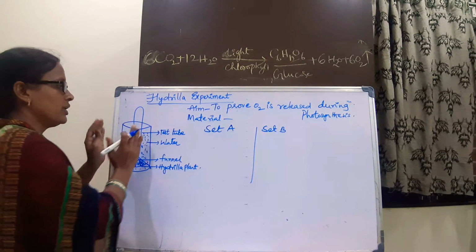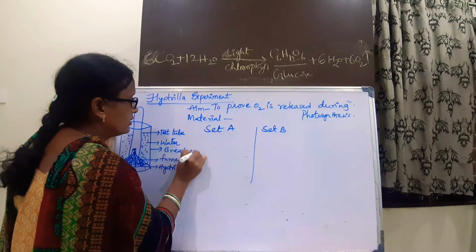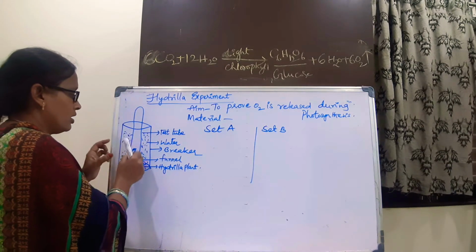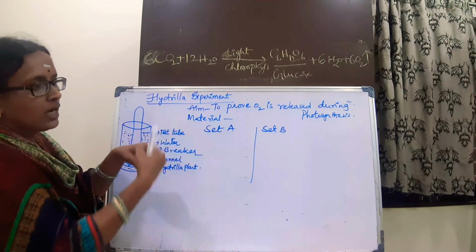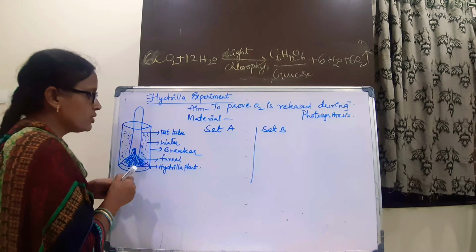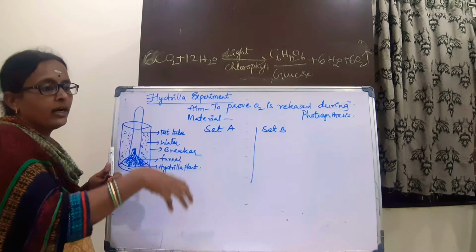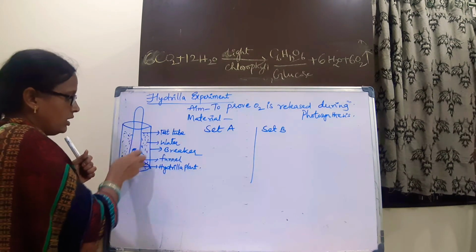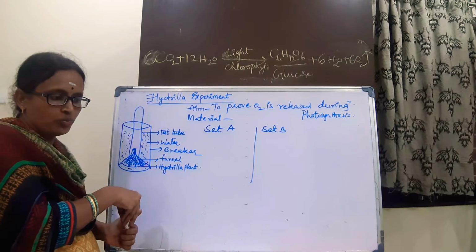We are taking a beaker, and in that we are taking normal water, and we are taking a funnel and inserting the Hydrilla plants. We keep that funnel at the bottom of the beaker, and above that we place a test tube.